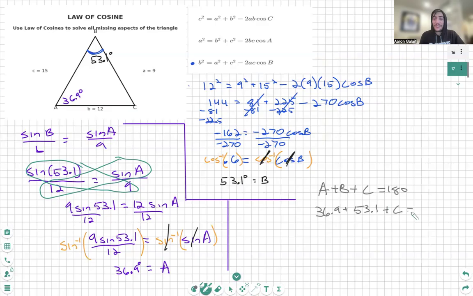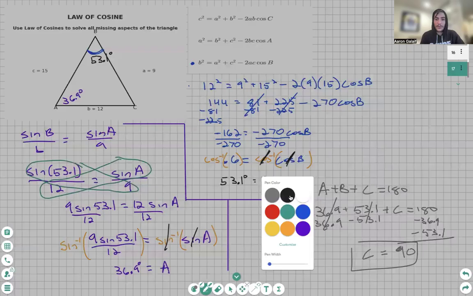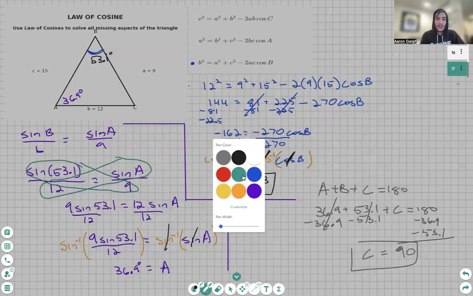We just need to solve for C. And all I'm going to need to do is normal algebra, inverse operations, subtract these values from the other side. That way, we have our remaining angle. We can see angle C is equal to, because those cancel, 180 minus 36.9 minus 53.1. And we get, oh, look at that, 90. Cool. Well, let's make sure we box our other guys so they stick out.